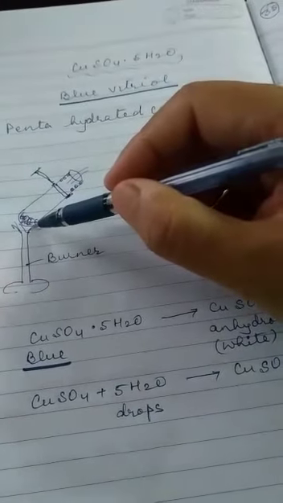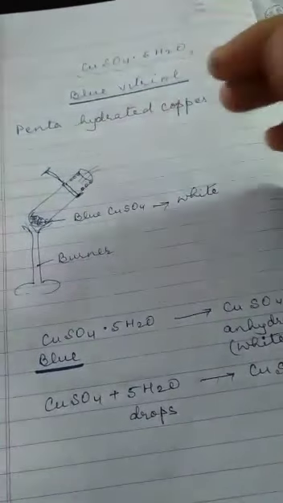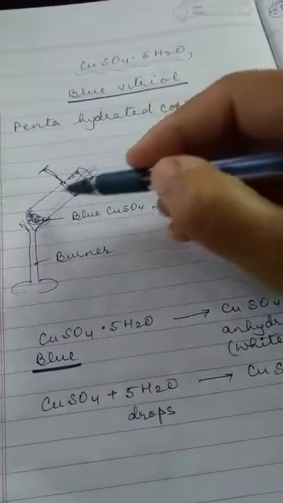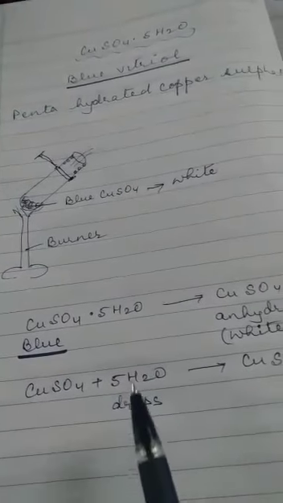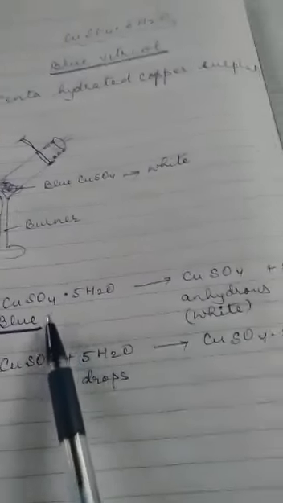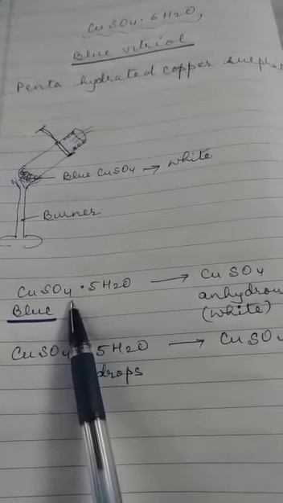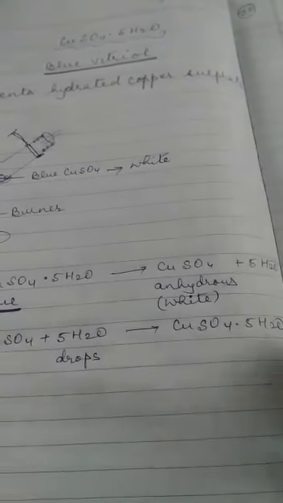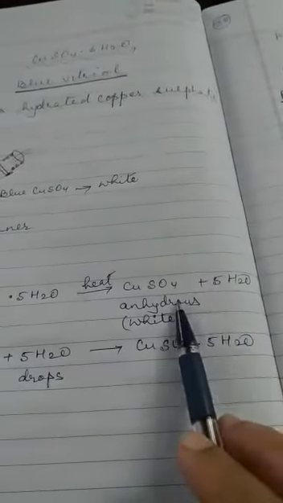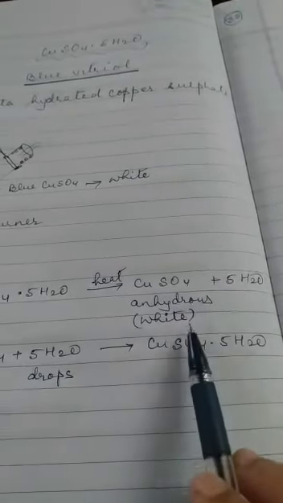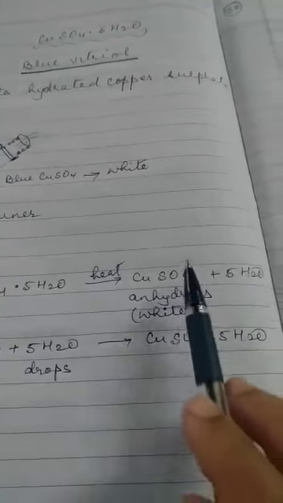The crystals become white. When you add a few drops of water, it again becomes blue in color, like this. Copper sulfate 5H2O, when heated, loses its water of crystallization and becomes anhydrous white copper sulfate.